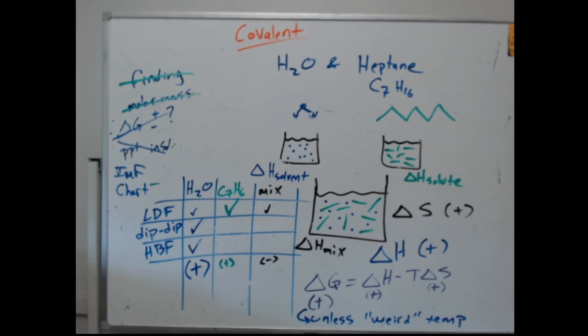The ammonia's already got favorable interactions with the other ammonia. Why would it go and trade those interactions with the water? Because they're stronger bonds? No. It's about the same interactions. It's not the delta H. It's not the enthalpy. It's the delta S. It's the entropy.